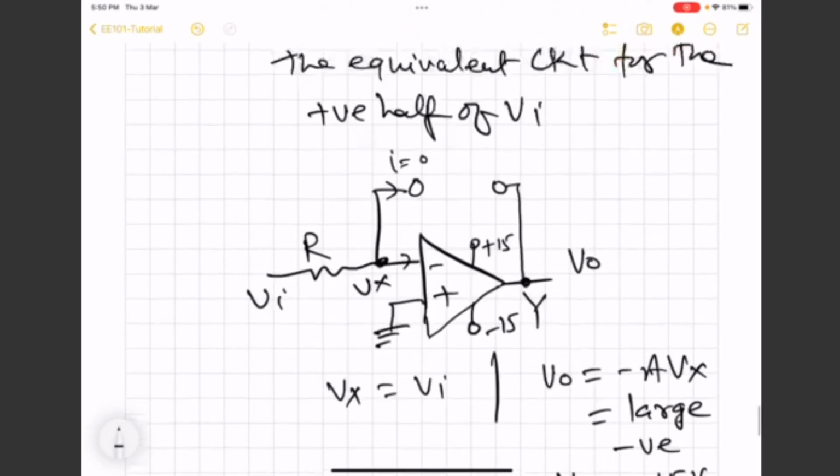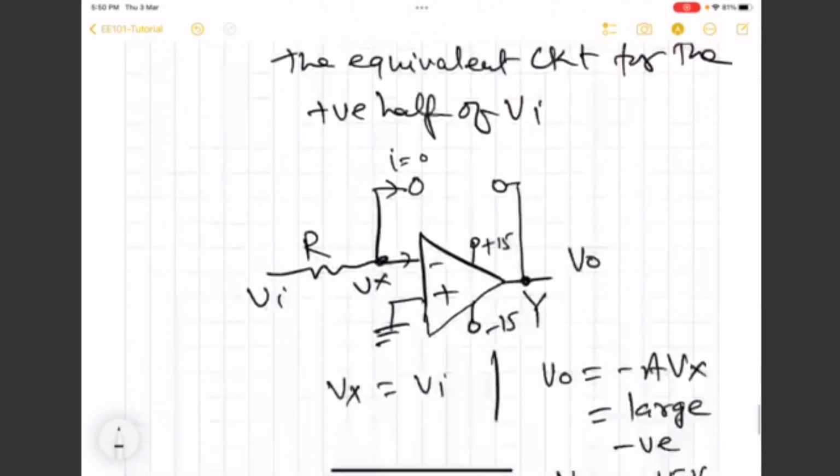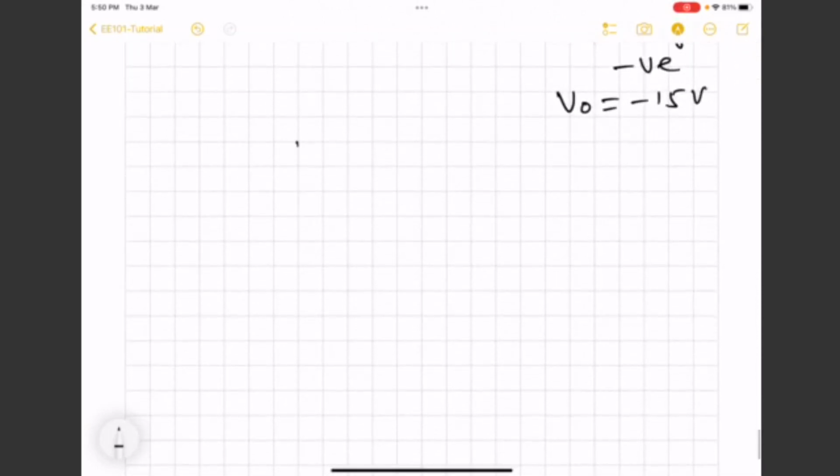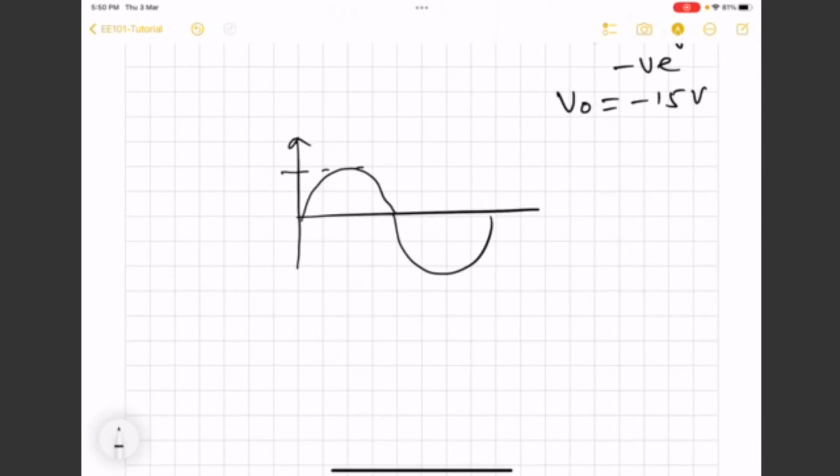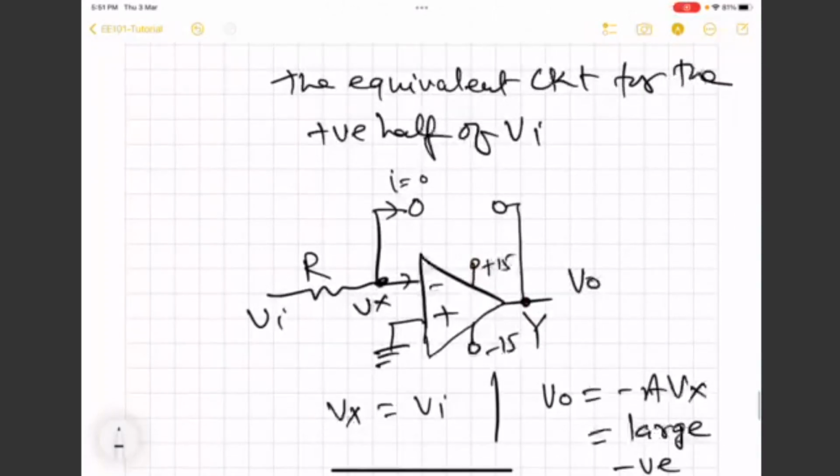So here we see that for the first half of the input, even if it is 300 millivolt, the output is going to be equal to the input. So output here means X. Output does not mean that we have to always take output from here.